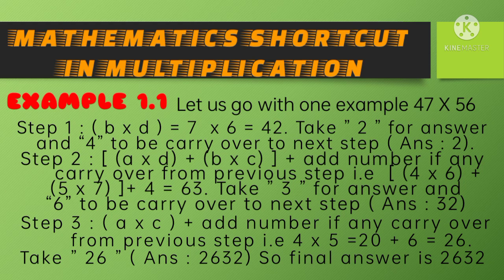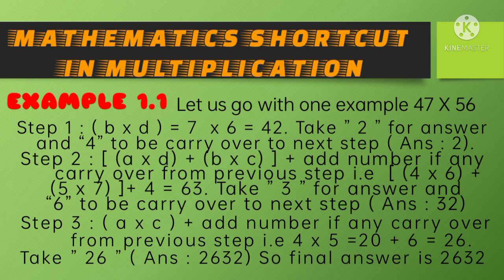In step 2, A times D plus B times C plus any carryover from the previous step. Then we have 3 times 6 plus 5 times 7 plus 4 is equal to 57. Take 7 for the answer and 5 to be carried over to the next step. Then we have the partial answer, 72.